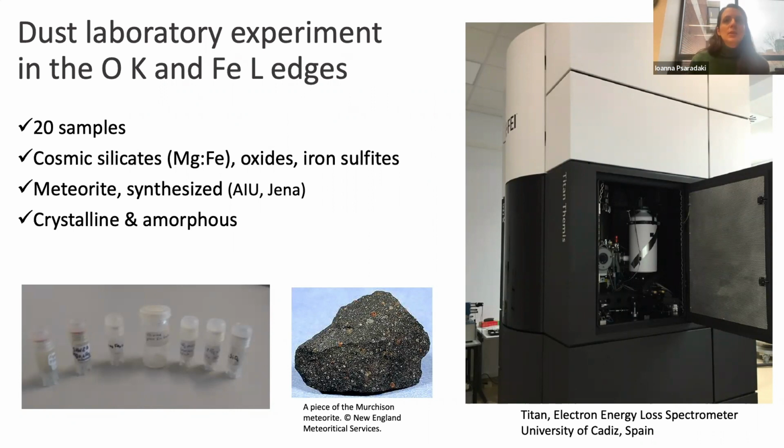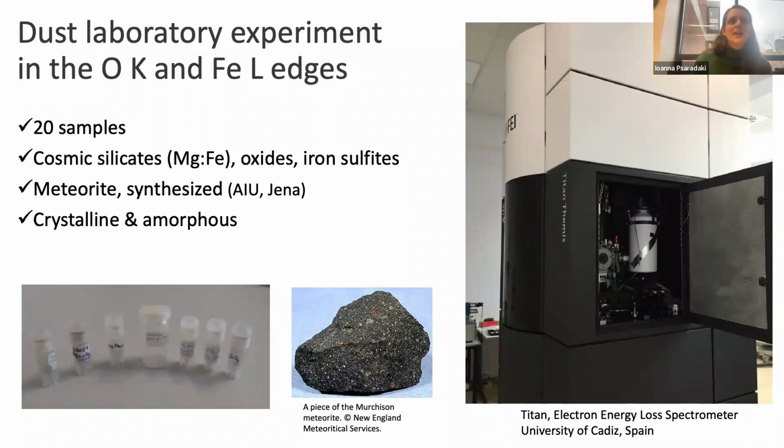So I want to talk a little bit more in detail about the experiment that I was involved in. We visited an electron energy loss spectrometer, some facilities located in South Spain at the University of Cadiz.